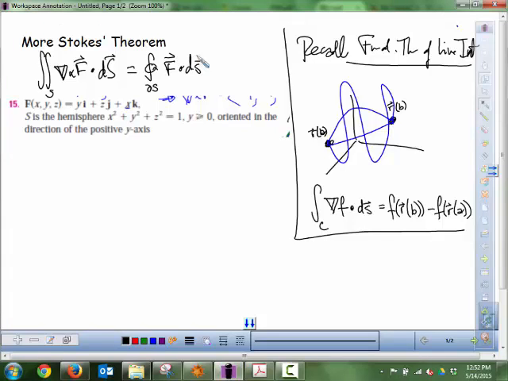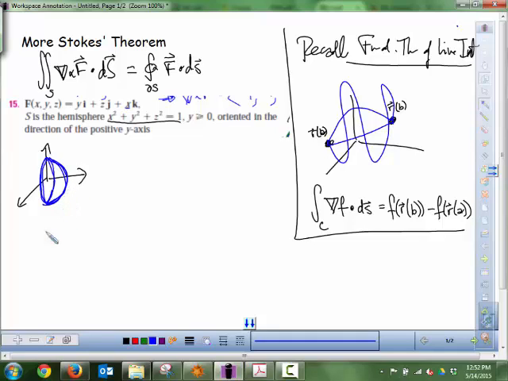So the surface that we're dealing with is this hemisphere that opened to the negative y. I think there were people that had issues with my drawing the other day. That looks like a hemisphere, right?